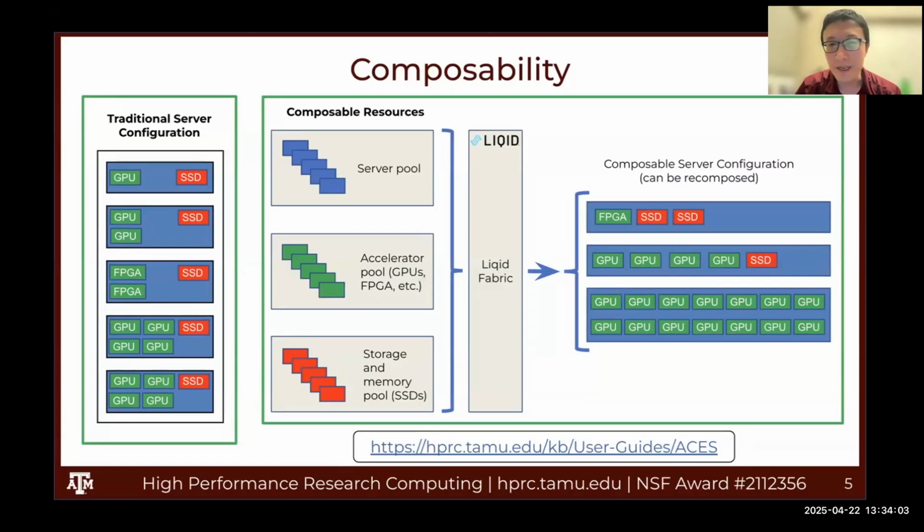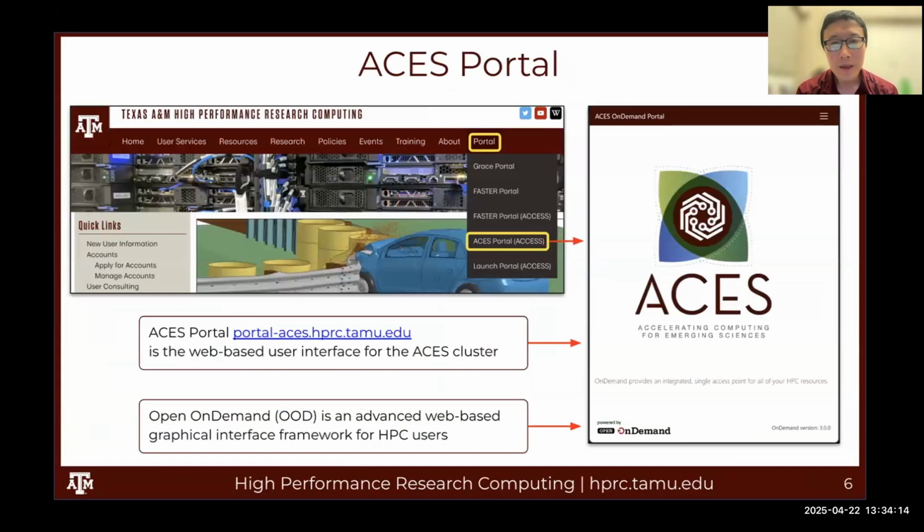For more information about the ACES system and this architecture, you can visit the ACES system link, which is provided in the slide. To get access to the ACES system, you can use the ACES portal, which is built on top of the Open OnDemand portal, and you will need your ACCESS ID to log in.